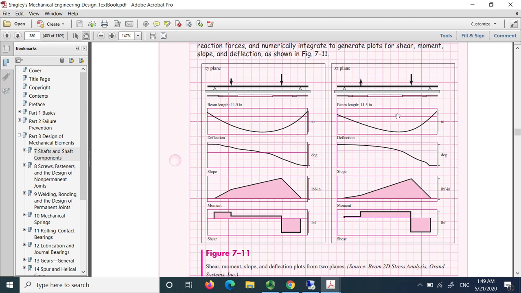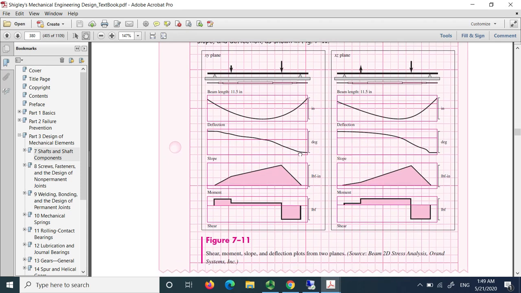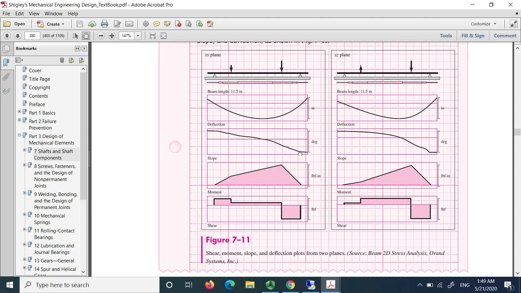Similarly for the xz plane, you have your moment diagram, shear force diagram, deflection and slope for that plane, and your total displacement and total slope are going to be vectors of these two.